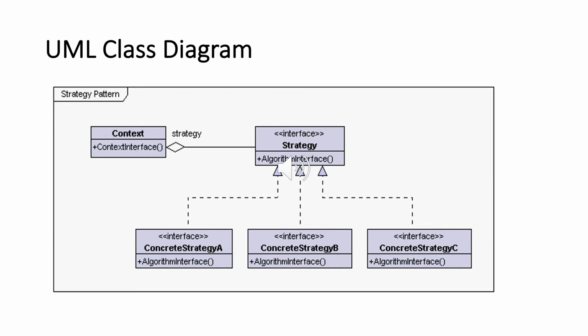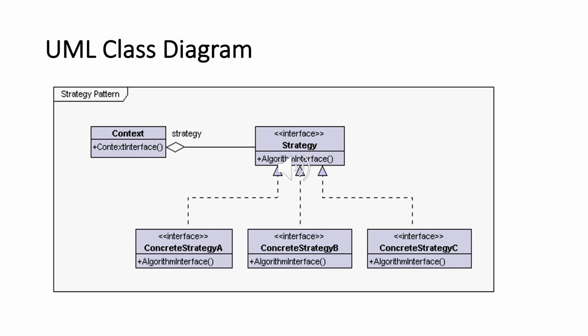Whereas the context is a class which has a reference to the strategy. It must have a field for storing a reference to one of the strategies. The context delegates the work to a linked strategy object instead of executing its own. So the context is not responsible for selecting any appropriate algorithm for the job. Instead, the client passes the desired strategy to the context. So the context doesn't know how many strategies exist.